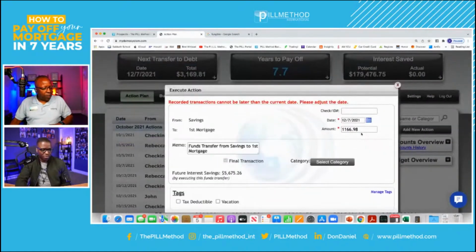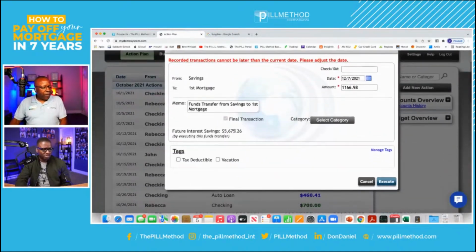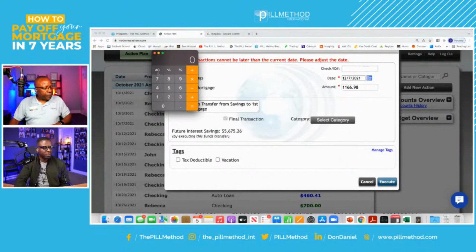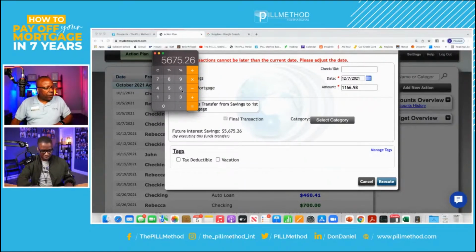So here's what we're talking about, folks. We're now going to save $5,675.26 by applying this amount of money. So if we do the math here, we're going to save $5,675.26 for applying $1,166.98 to principal.